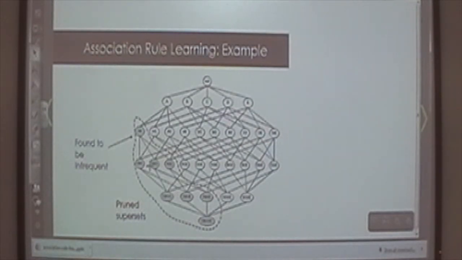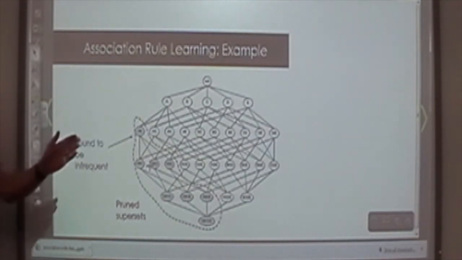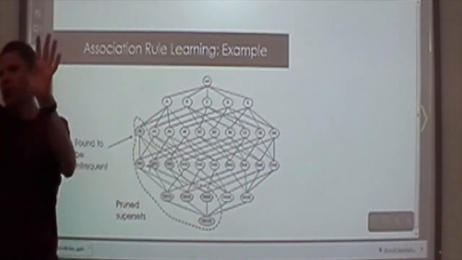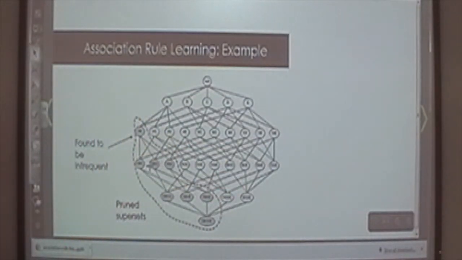Right, and obviously, the higher that minimum threshold is, if your threshold is high, then you can probably cut out a whole bunch more stuff, but now you might be cutting out interesting rules that you might be interested in as well. A trade-off, right?